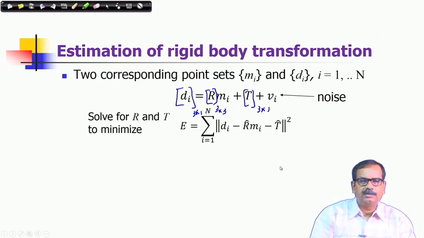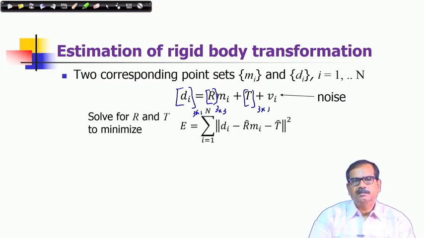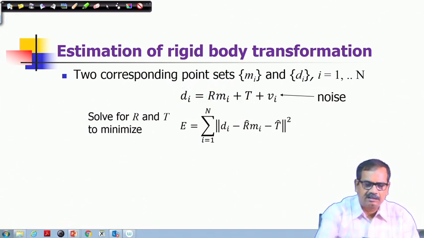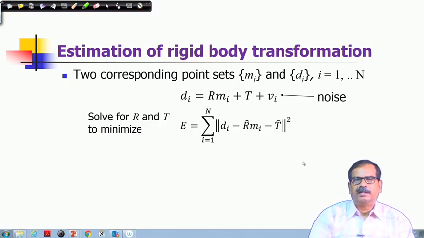So, we would like to minimize the error of the model fitting, and this is how the error of model fitting has been expressed here. This is the same sum of square error that we discussed earlier, as you can see. The estimated rotation matrix and translation are denoted here by the overhead tilde in my slides.